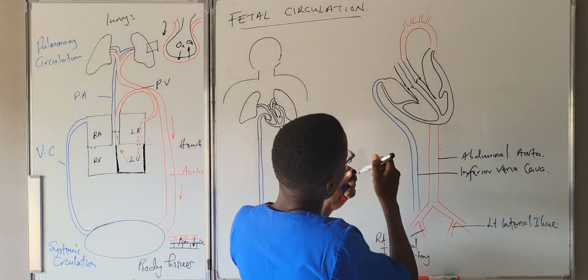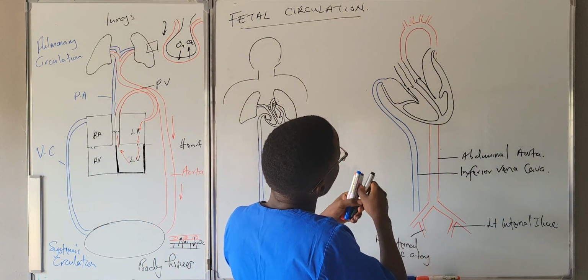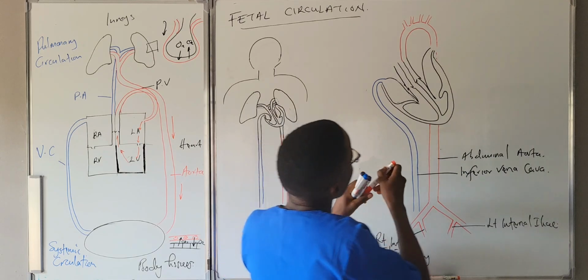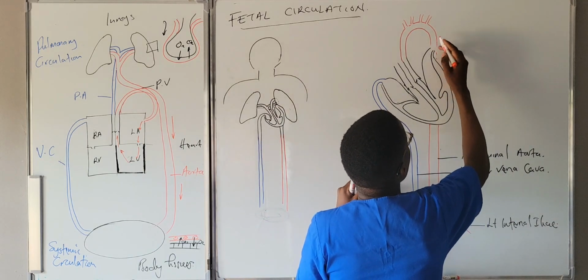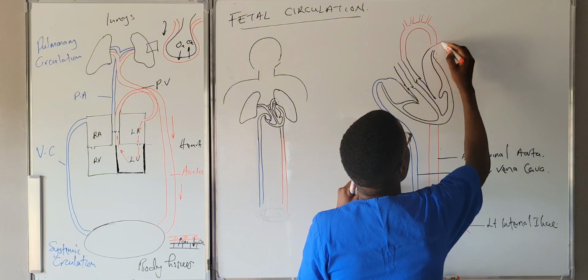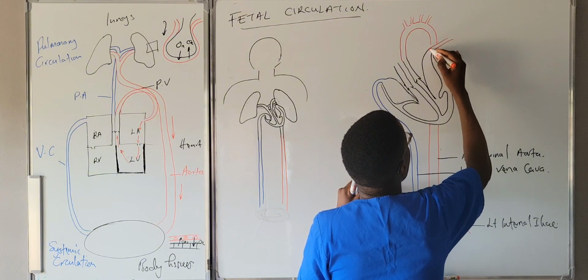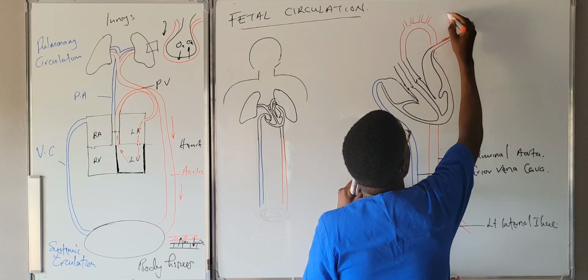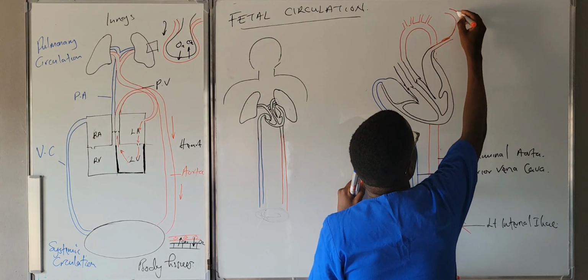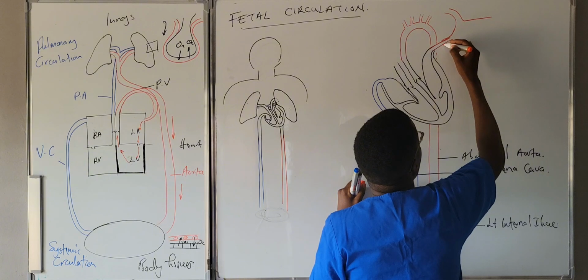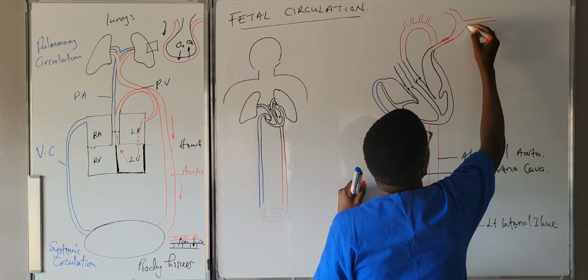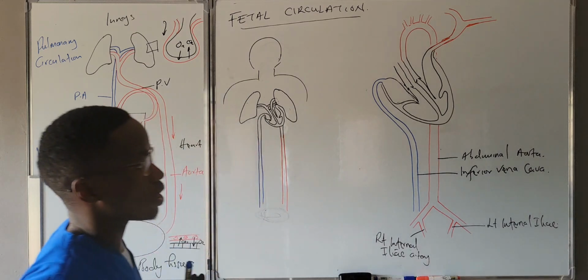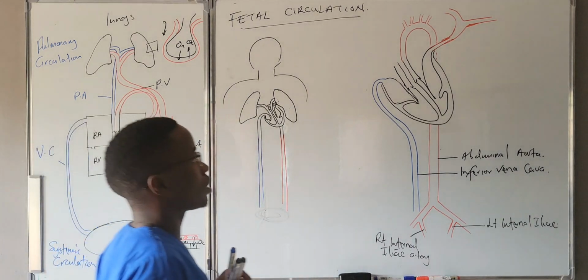And then at this point here, we have the pulmonary artery, which of course will branch into the right and the left pulmonary artery, one taking blood to the left lung and one taking blood to the right lung.